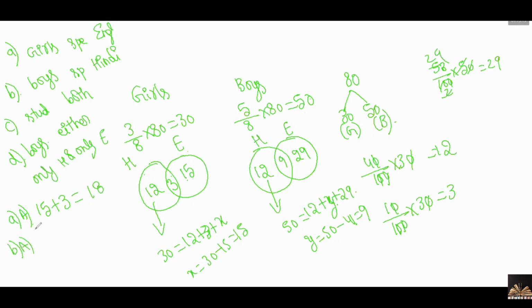Now the second question is, how many boys speak Hindi? So the boys who speak only Hindi is 12. The boys who speak both Hindi and English is 9. So it is 21. Now the third question is, how many students, that means boys and girls, speak both the languages? Girls who speak both the languages is 3. Boys who speak both the languages is 9. That is 12.